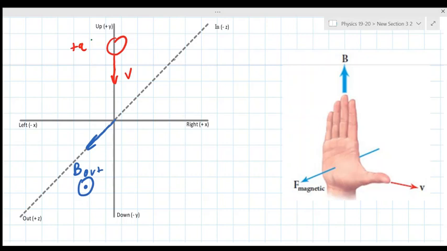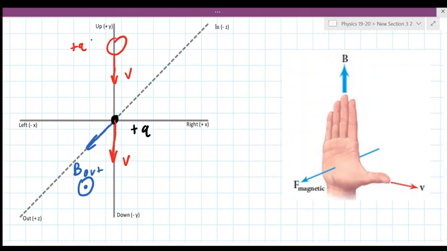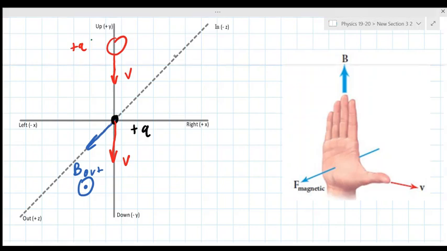So what direction will the force on that charge be when it crosses that magnetic field line right there, moving downward? Well, we have two options. It has to be either left or right. So let's see. V is down. Let me get my orange hand again. V is down and B is out.